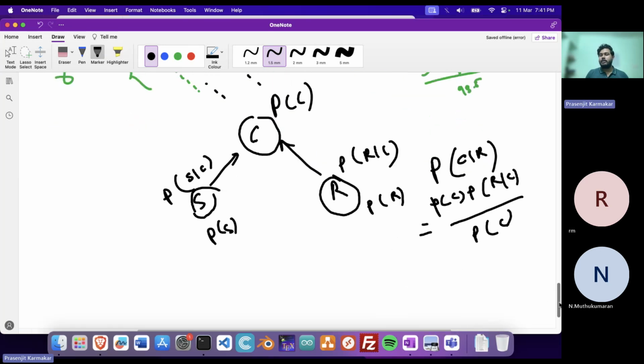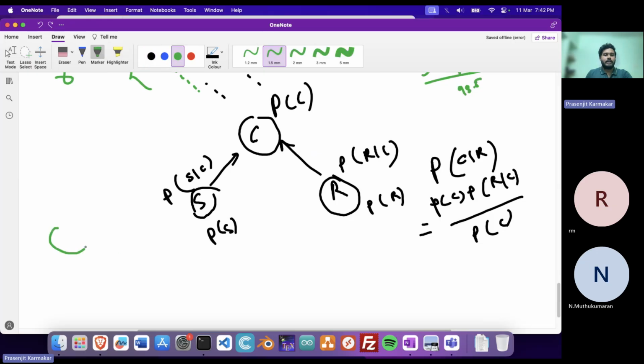So if a particular probability is not given, you are supposed to compute it.